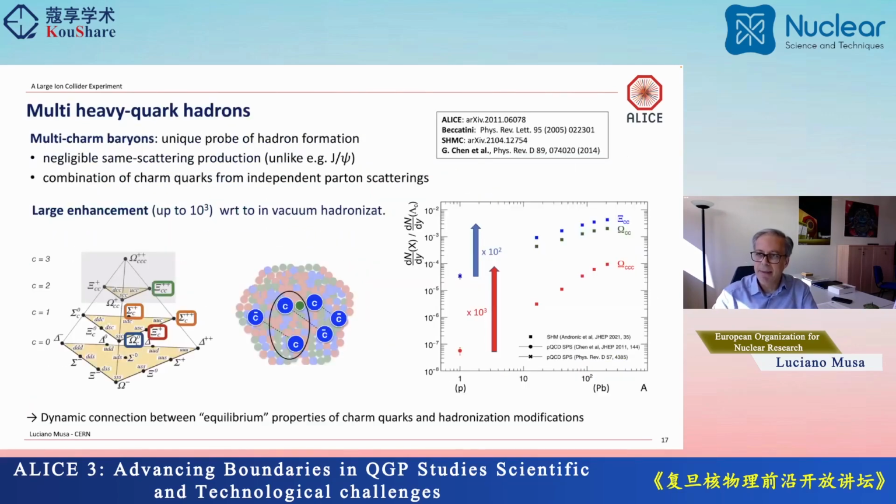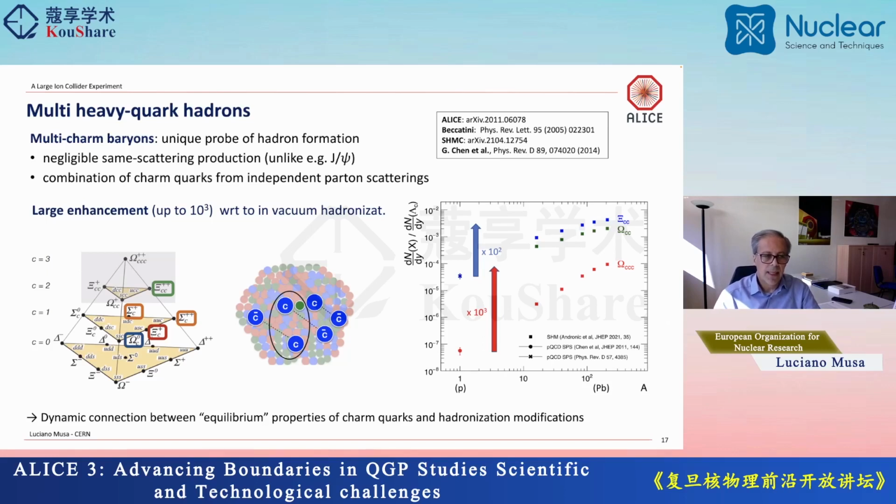Okay, let me just, before moving to the detector part, make a few examples of why all this is required, and start with the multi-heavy quark physics, starting with the goal of understanding, for instance, the hadron formation.